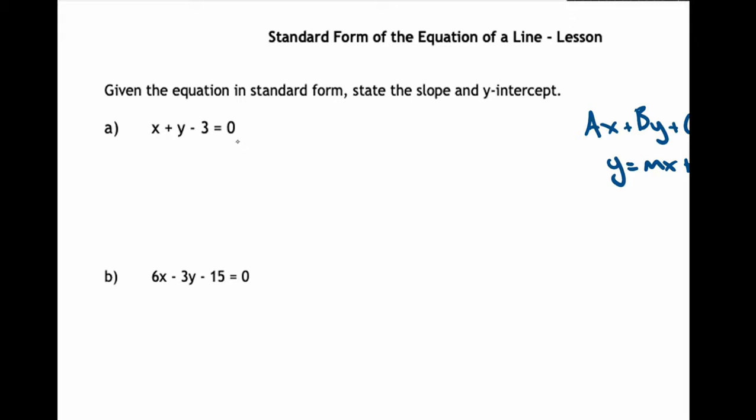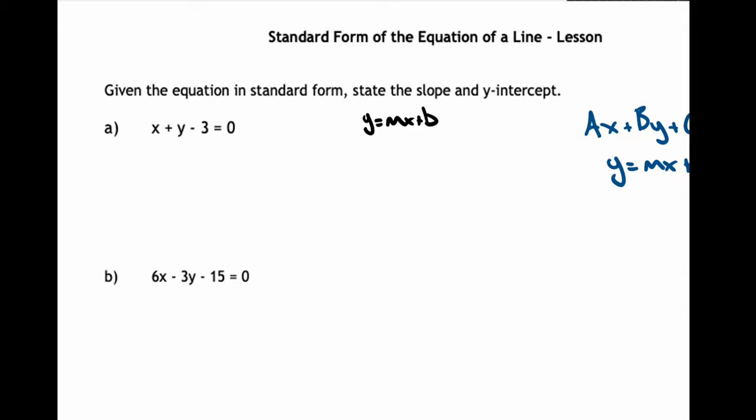So if I'm looking at the first equation, x plus y minus 3 equals 0, I want to rearrange this so that it looks like y equals mx plus b. So in order to do that, I need y on one side and everything else, all the other variables, all the other numbers, moved over to the other side.